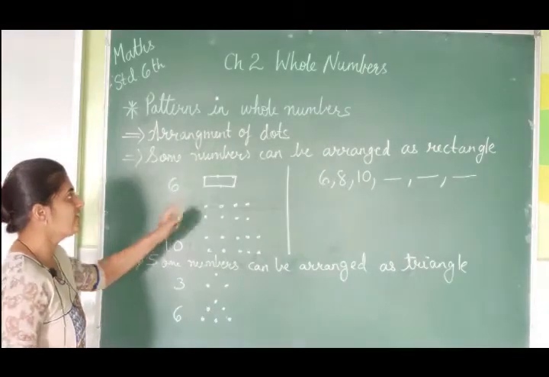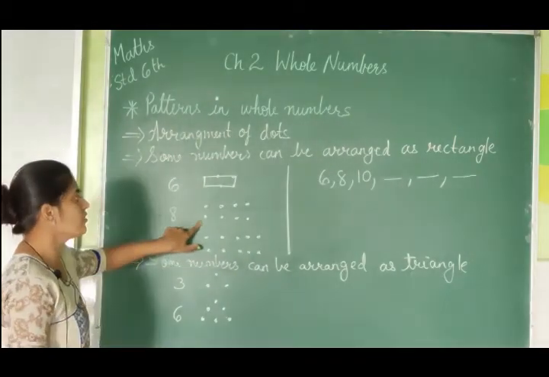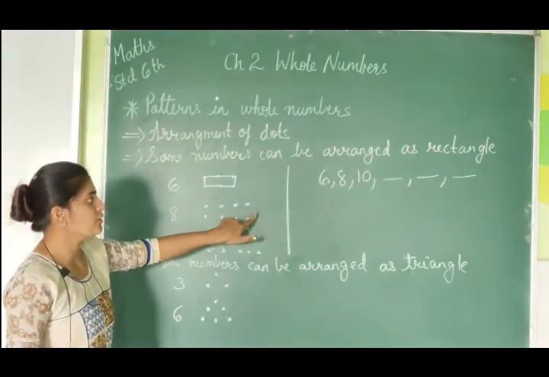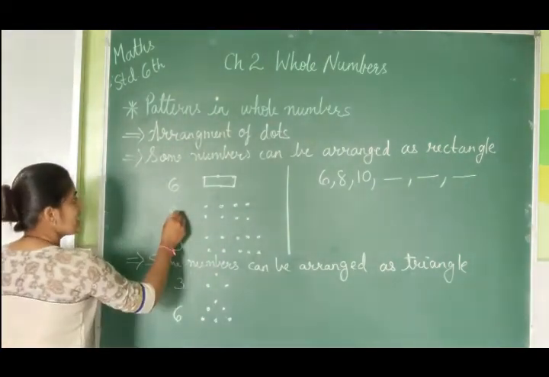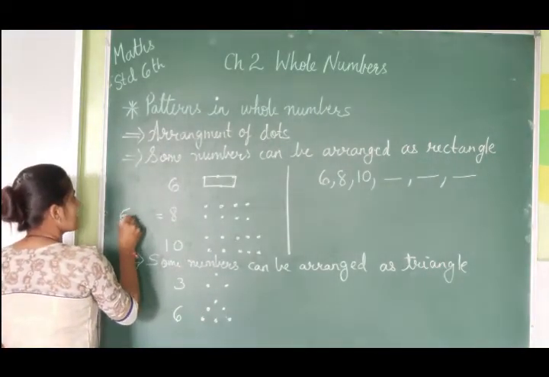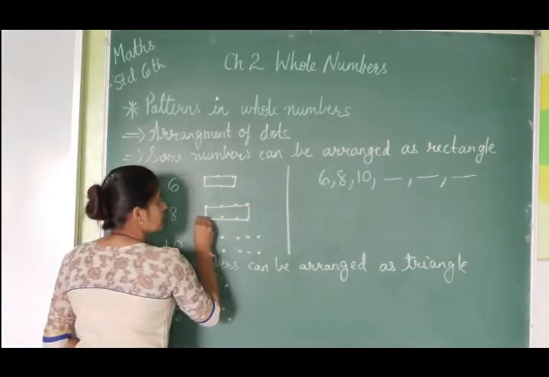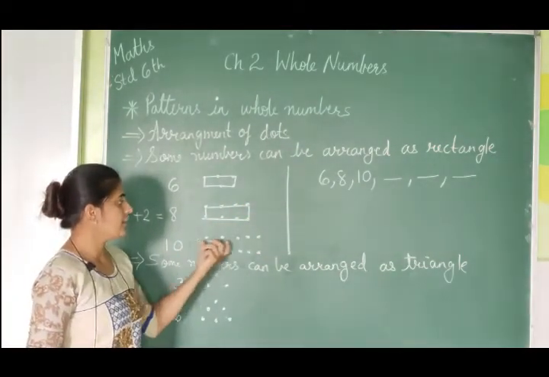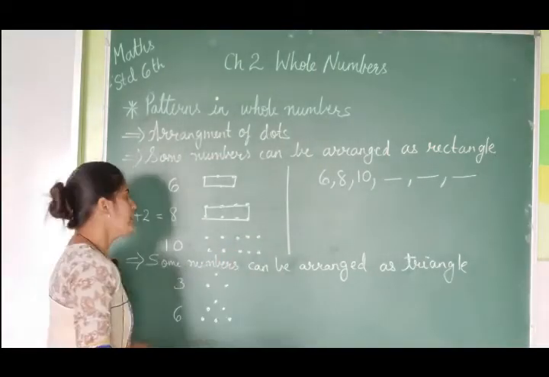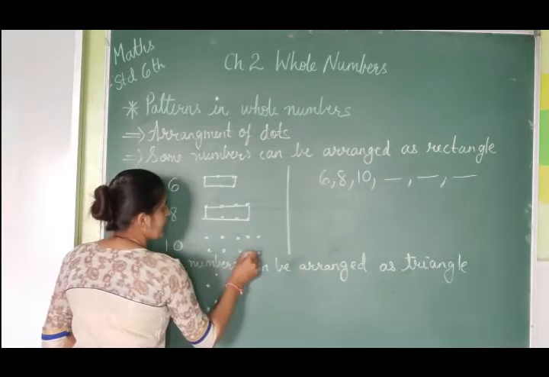Now the next rectangle will be formed by adding 2 more dots to the 6. Till here you have 6 dots, another 2 I am adding, then how many dots do I have? 8 dots. So this 8 you can write as 6 plus 2. Next, again I will add 2 dots, the rectangle expands, and you will get the number 10. 1, 2, 3, 4, 5, 6, 7, 8, 9, 10.